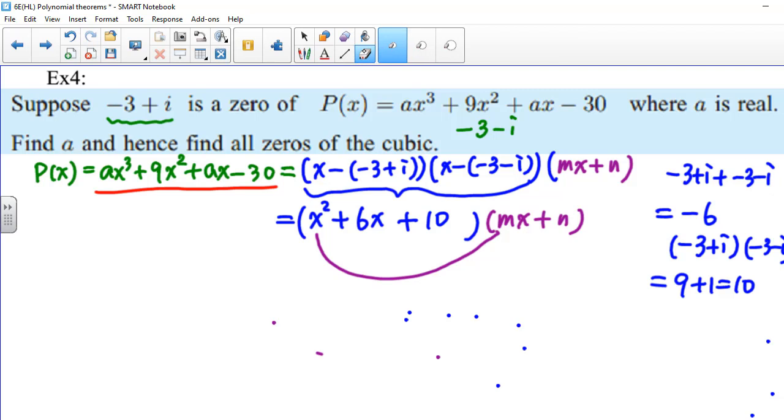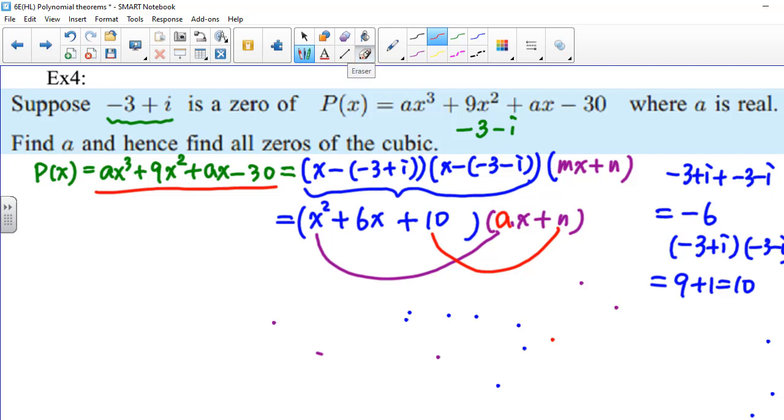So we can know that this m is the same as a. And this last constant times this last constant, they multiply to be negative 30. So 10 times negative 3 is negative 30. I can know this n value must be negative 3. In this case, I can cut down 3 unknowns to 1 unknown.